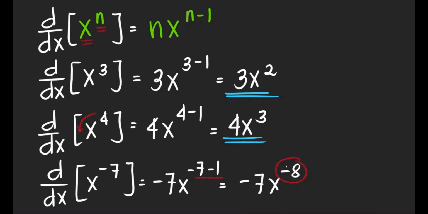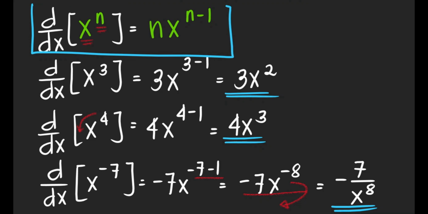We can get rid of the negative sign by putting the term below as our denominator. Therefore, we have negative 7 divided by x to the power 8. And this will be the answer. That is how you apply the power rule. We need to remember this formula.